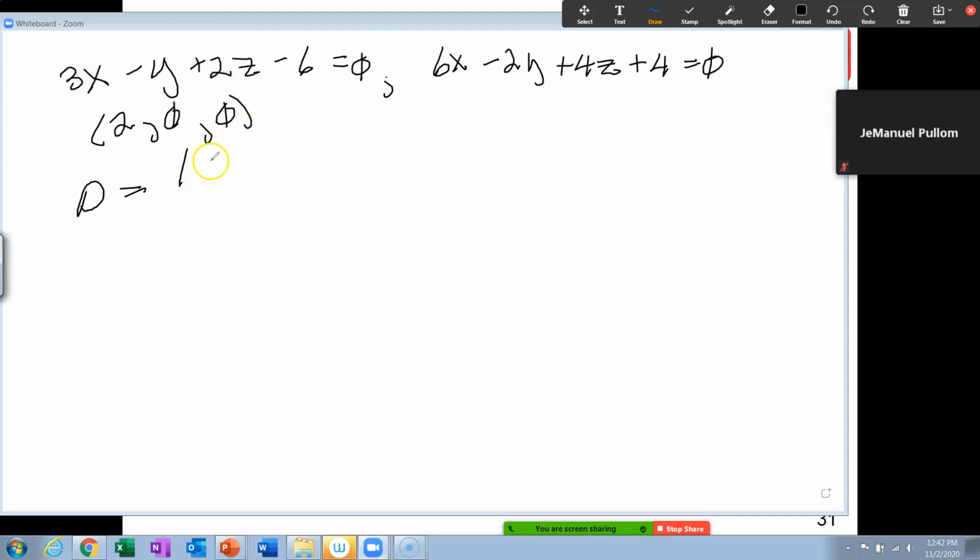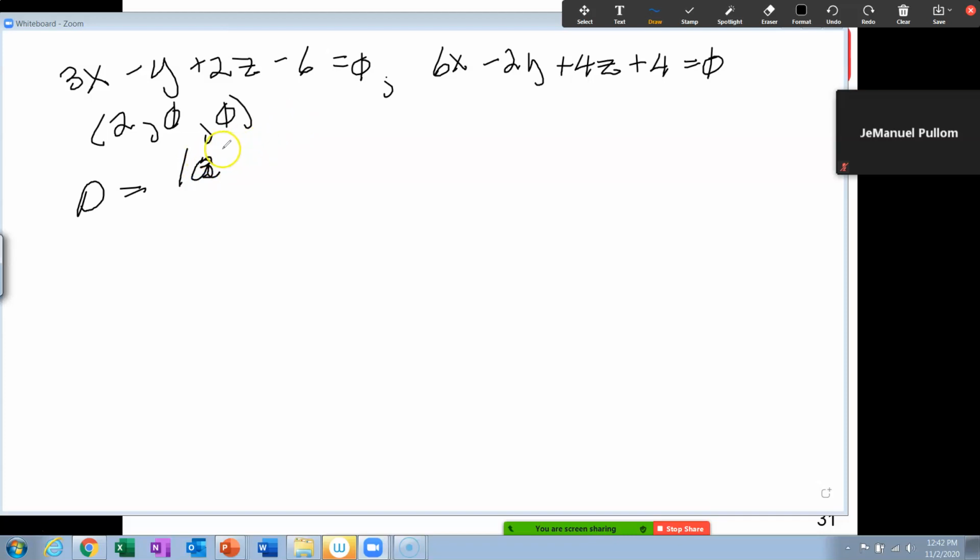So this distance would be A. Now we can use this point here, this plane here. So this will be A, which is 3. Well, I'll write it out for you.